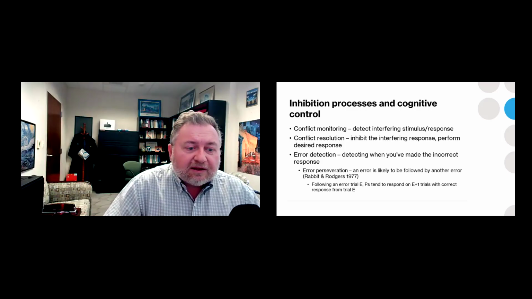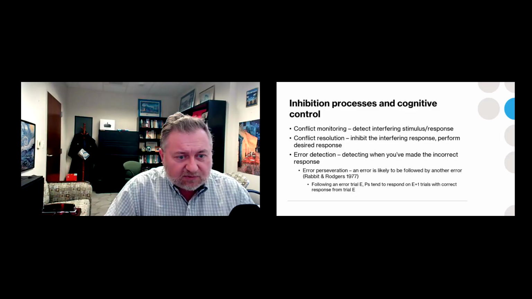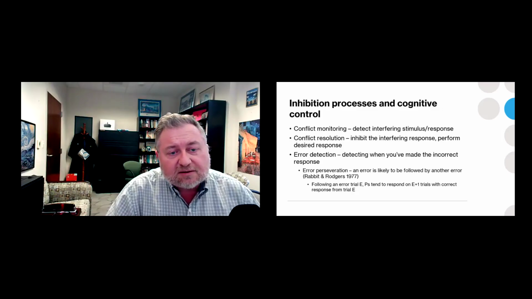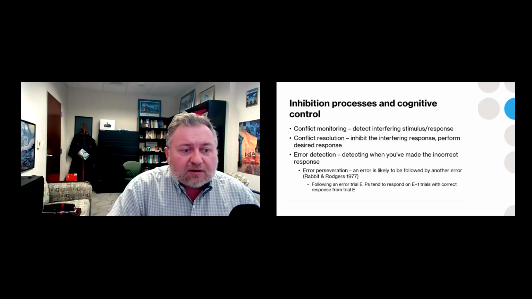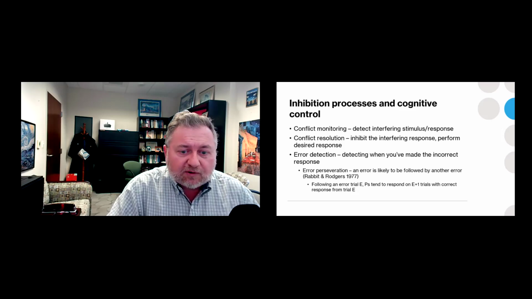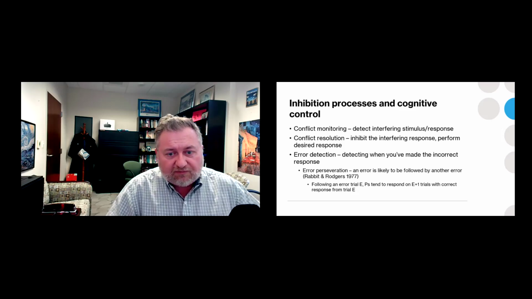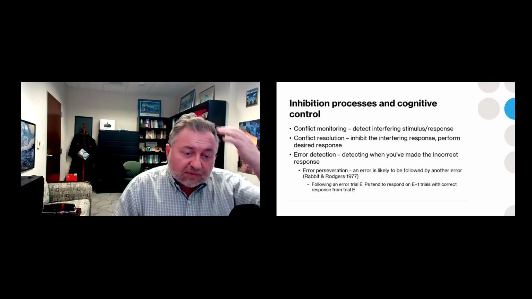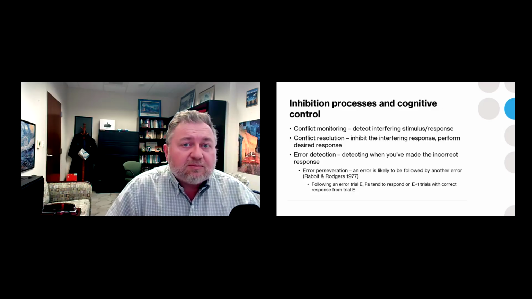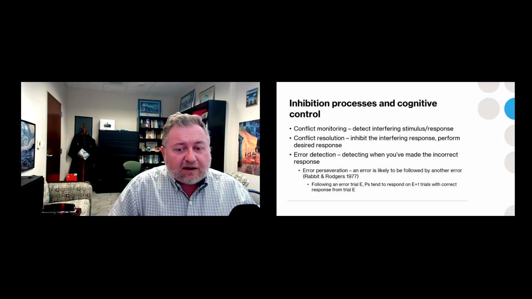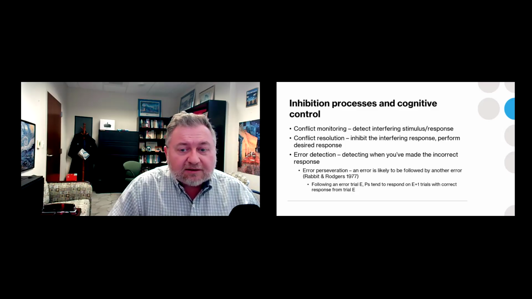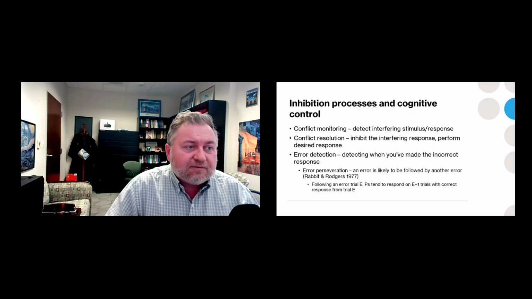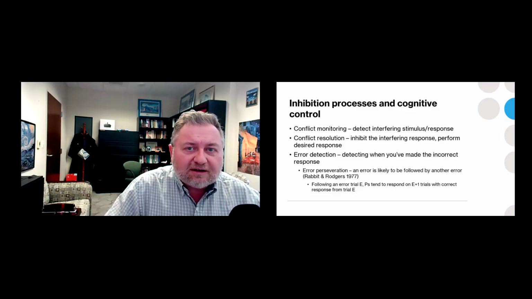Another thing that also is relevant here is error detection. Sometimes when we are doing these kinds of tasks, we're not always 100% perfect all the time, right? So even though I'm trying to prevent myself from doing the wrong thing, I will sometimes make a mistake. And now what happens is that we have to detect and realize, oh, wow, that was the wrong thing that I just did.